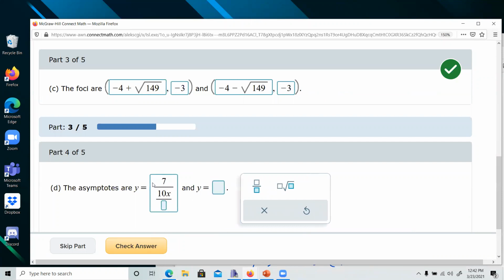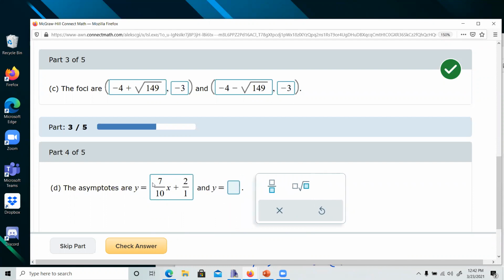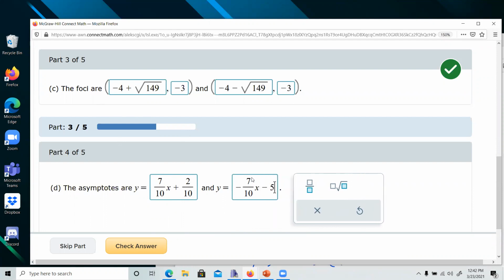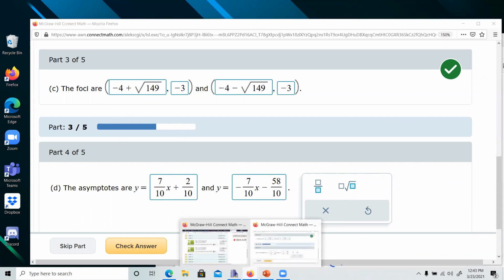You might get mad at me for not reading that as 1/5. And then y equals -7/10 x minus 58/10.